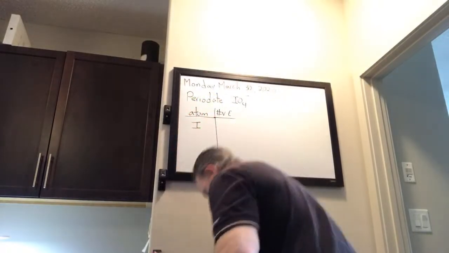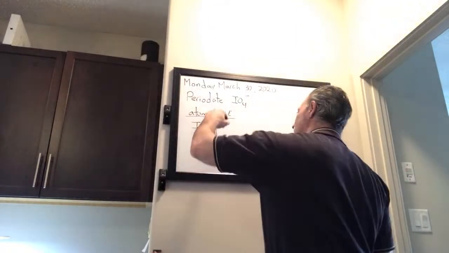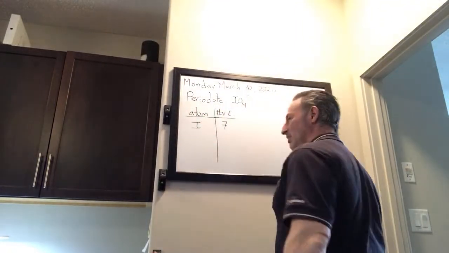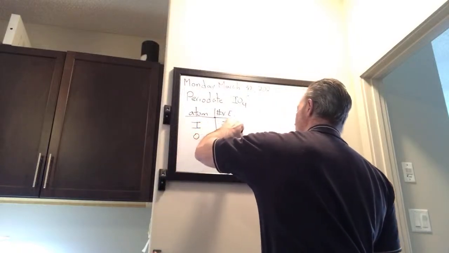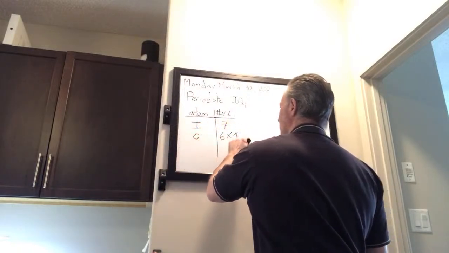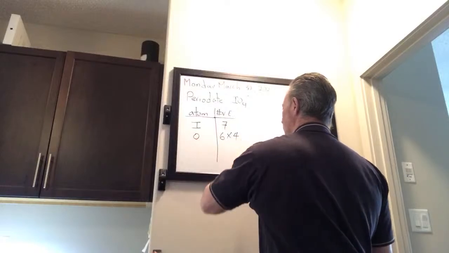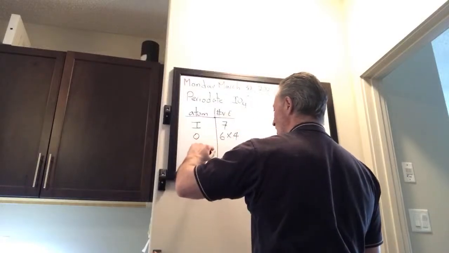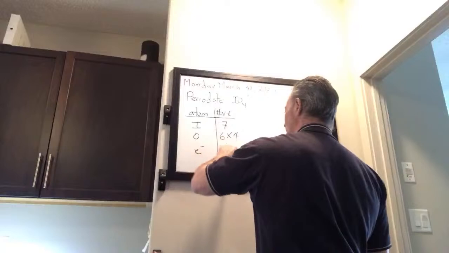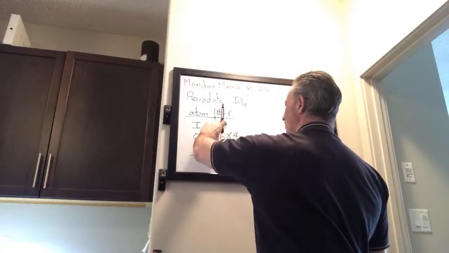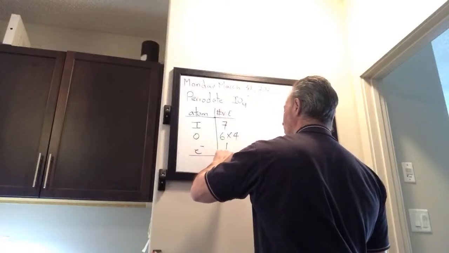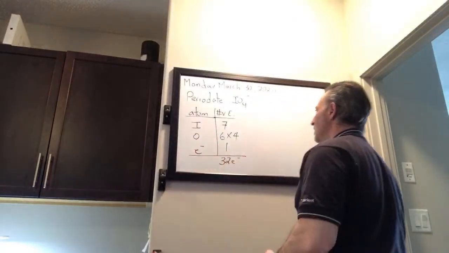Iodine has 7 electrons in it. Oxygen has 6 valence electrons. There are 4 oxygens in the periodate. And finally, there's a negative charge of 1, so we're going to add 1 more electron to account for that charge. So 6 times 4 is 24, plus 8 gives you a total of 32 electrons to account for.